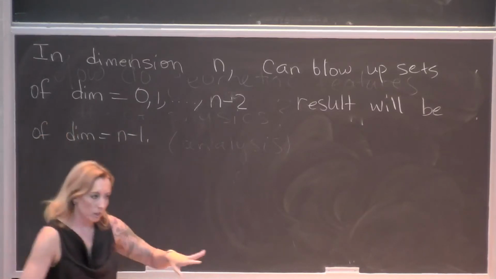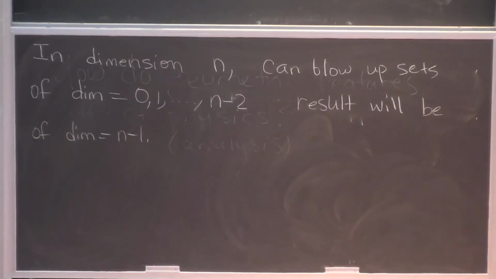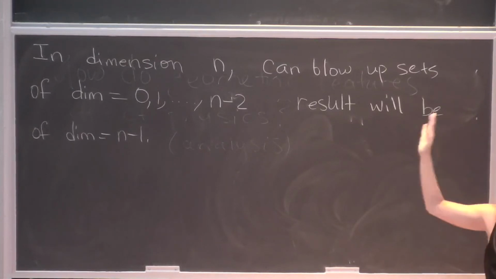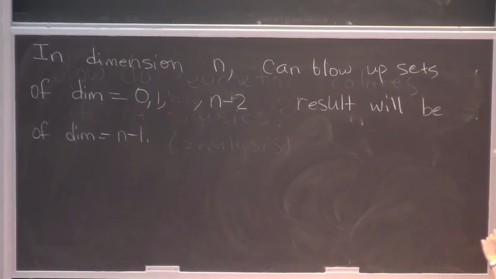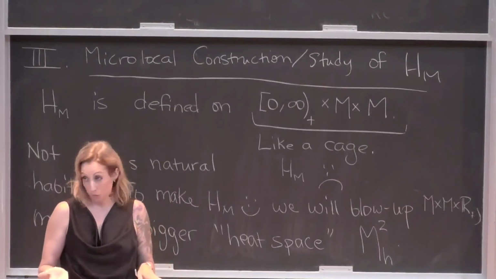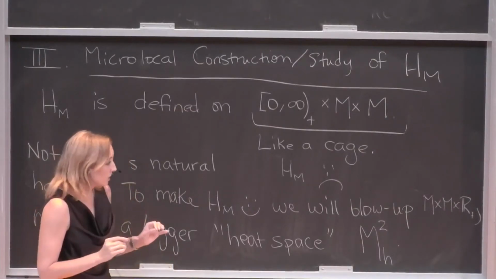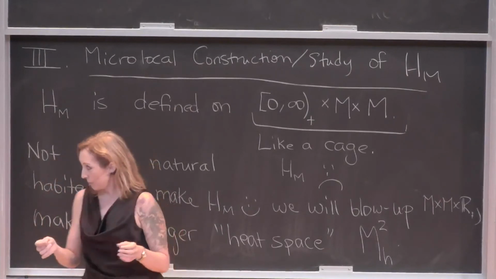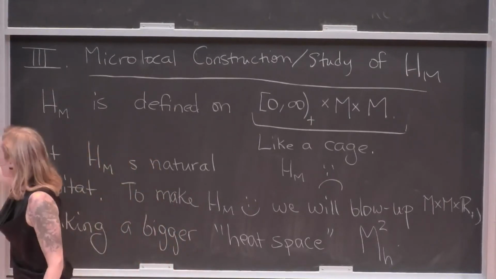And so to give you a sense of how this works, let's think about the room. We're in this room, which is three-dimensional space, so our n is 3. So I'm saying you can blow up things that have dimensions 0 or 1, and the result will be something with dimension 2. Let's start with something of dimension 1, like this edge.